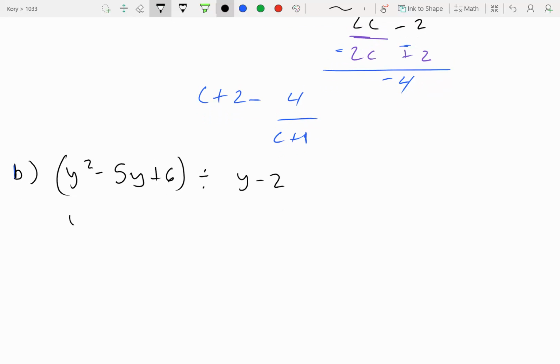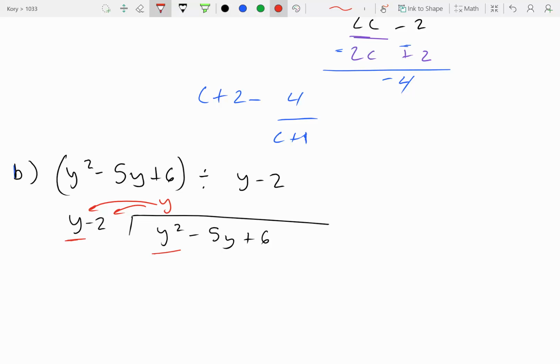So the y minus 2 goes on the outside, and y squared minus 5y plus 6 goes on the inside. Now we're going to just keep doing what we've been doing. How do we make y be y squared? We'll multiply by y. We're going to multiply that out. So we have y times y is y squared, and then y times negative 2 is negative 2y.